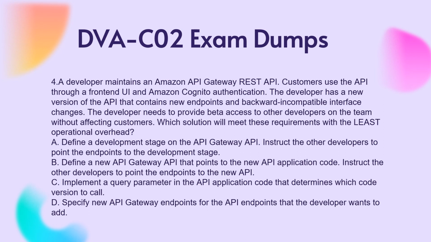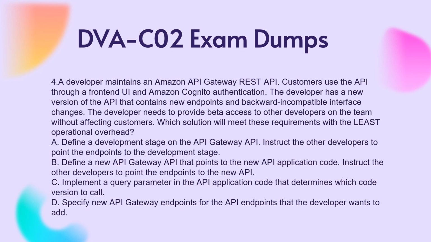A. Define a development stage on the API Gateway API. Instruct the other developers to point the endpoints to the development stage. B. Define a new API Gateway API that points to the new API application code.